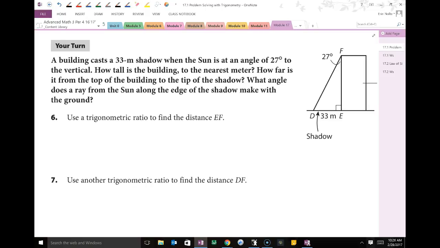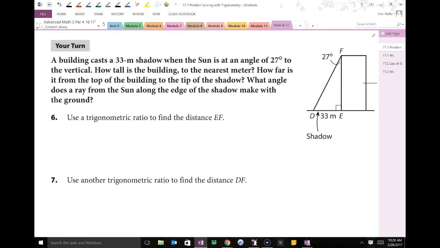Okay, so we have this triangle DEF, whatever you want to call it, but those three variables are involved. We're going to find all of the missing pieces. Anybody want to tell me a piece of this puzzle that would be super easy to find right off the top? Angle D, right?